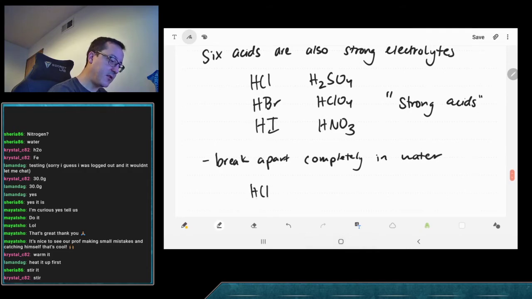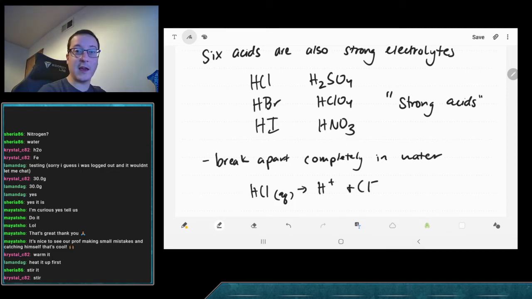So HCl, when we dissolve it, is really H plus and Cl minus. Because it is a strong electrolyte, it will break apart completely. So the water will separate the H off the Cl, and they'll be doing their own ion-dipole interaction type thing.